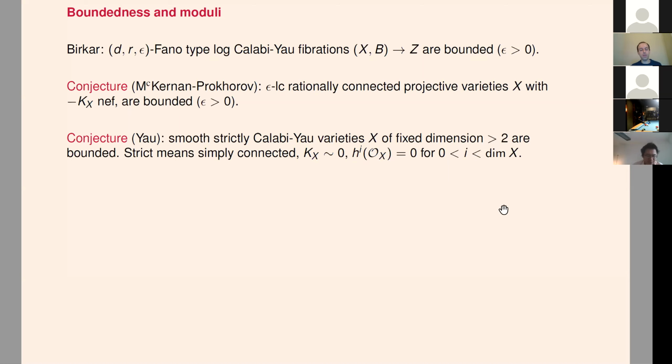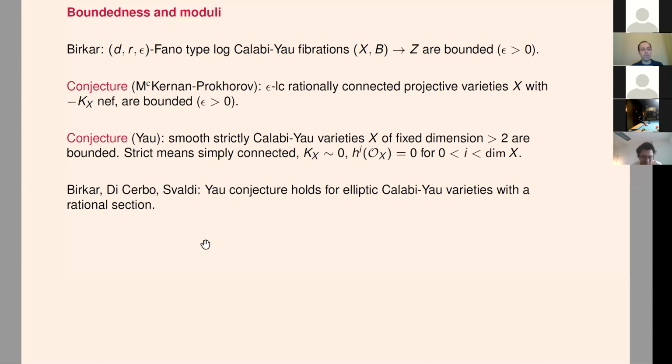So from dimension 3 on, the set of such Calabi-Yaus should be bounded. There are also opposite conjectures which claim exactly the opposite, but there are very few results about this.